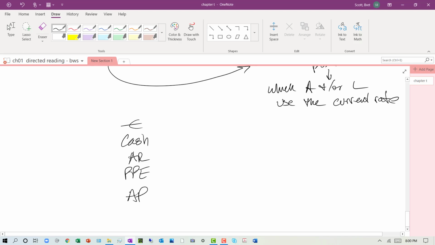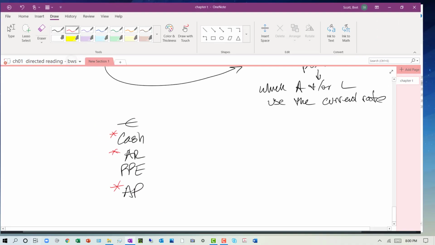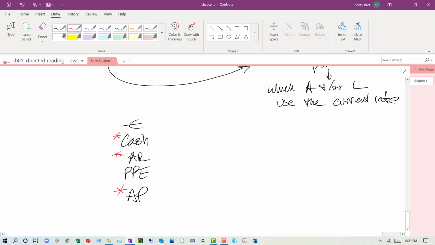Generally speaking, at a minimum, the things that worry me the most are cash, accounts receivable, and AP. PP&E under the translation method also uses the current rate, but at a minimum, the items I'm most exposed to are cash, accounts receivable, and AP.